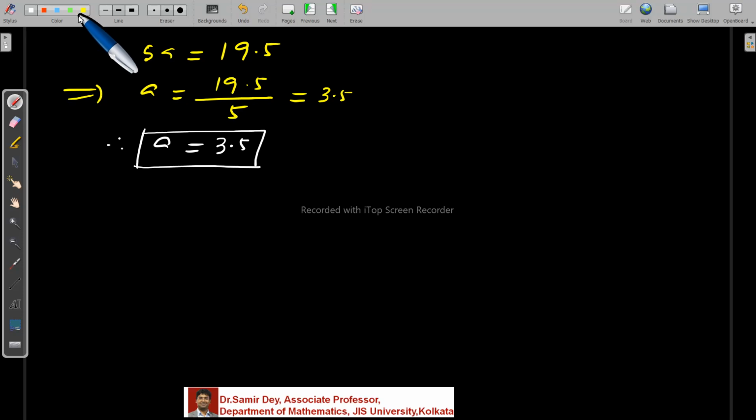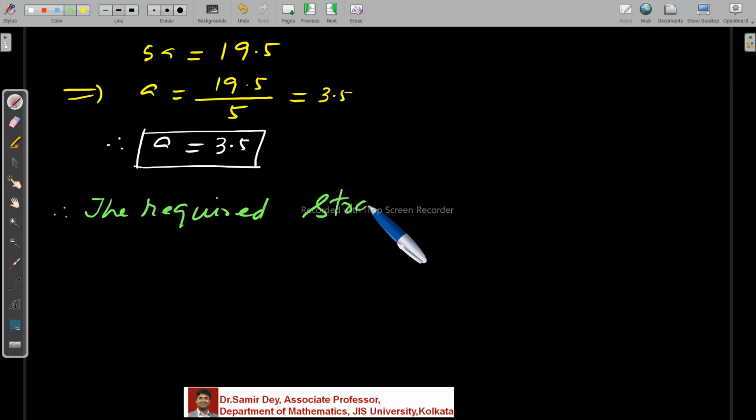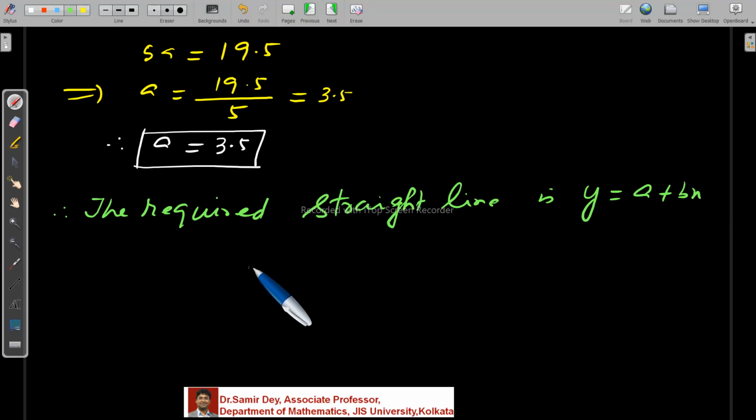So please write down: therefore the required straight line is y = a + bx, correct? That is y = 3.5 plus b.